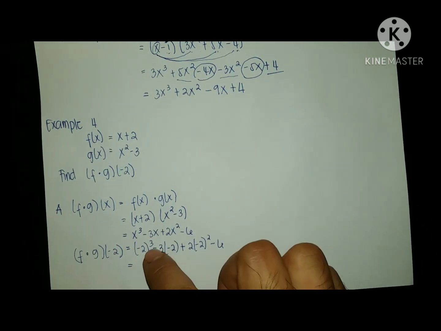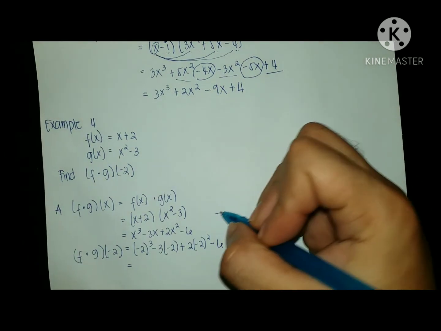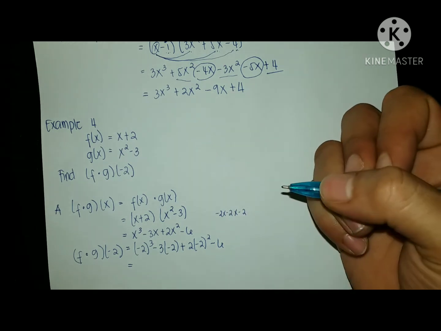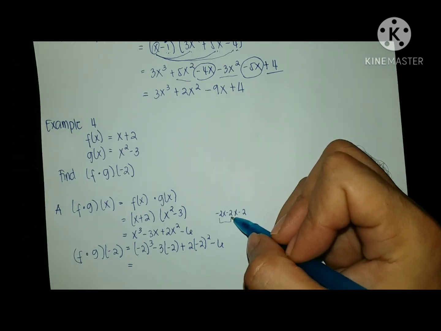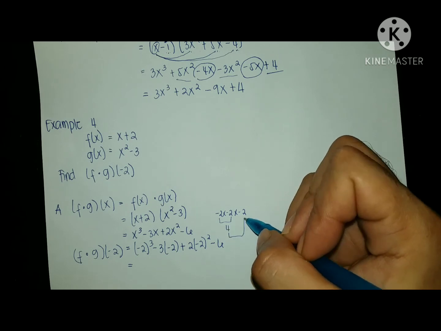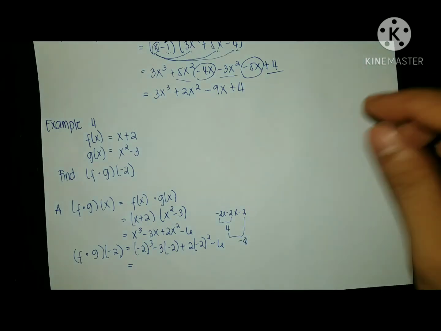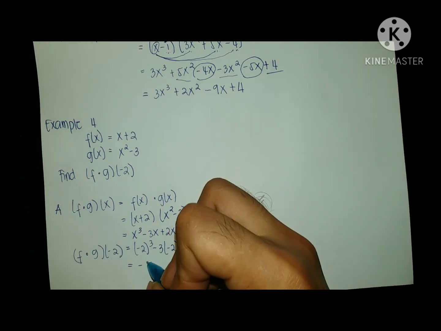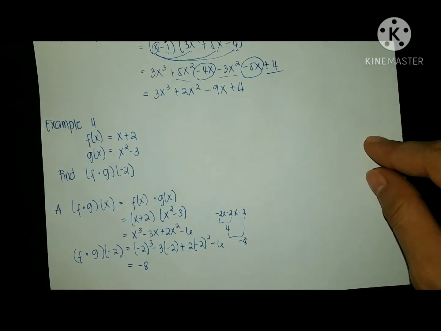So negative 2 cubed means negative 2 times negative 2 times negative 2. So negative 2 times negative 2, that is 4. 4 times negative 2, that is negative 8. So that is negative 8.